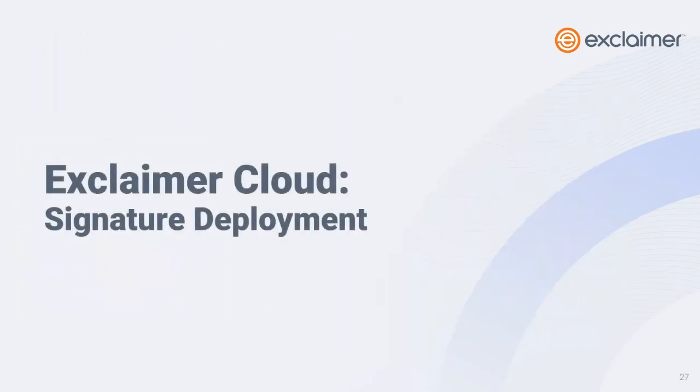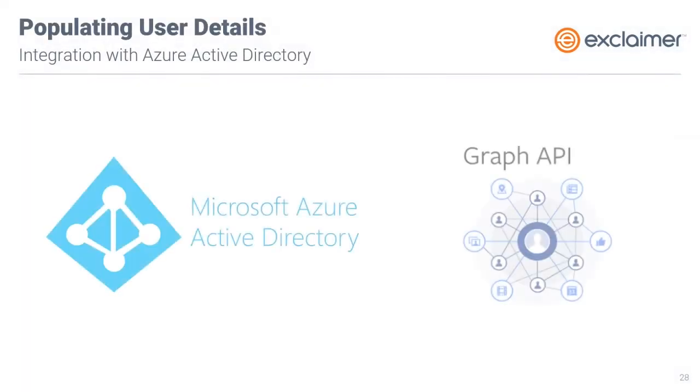So then I'd like to talk very briefly about how the solution works, just to summarize. So Exclaimer Cloud deploys signatures in very specific ways, but it all starts with retrieving user details from the Azure Active Directory. So we use Graph API to access user attributes.